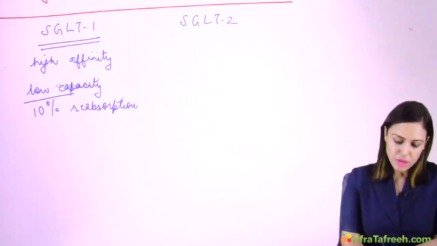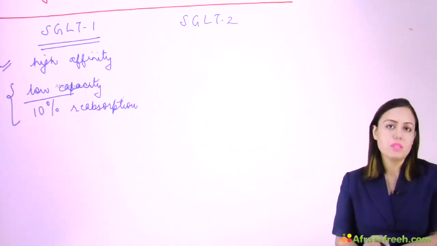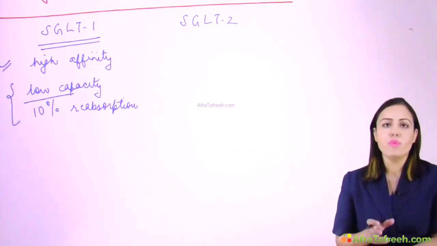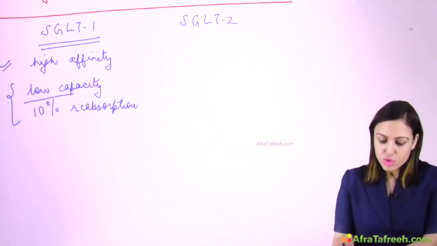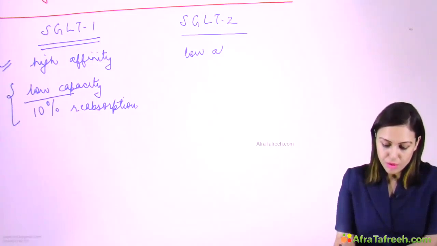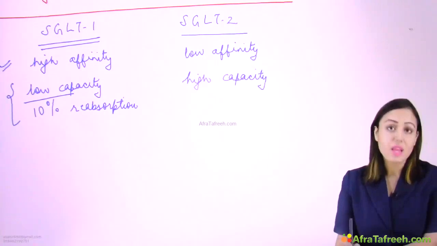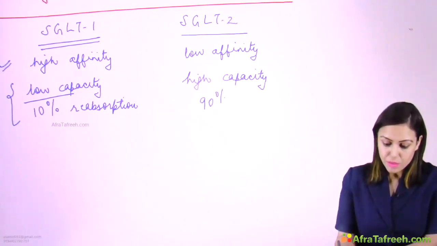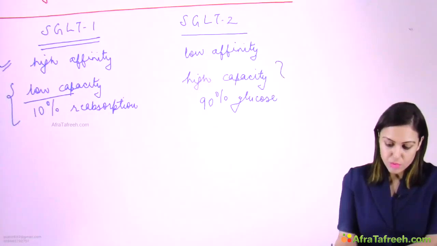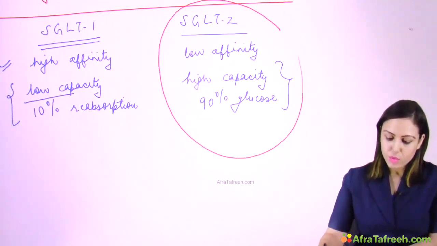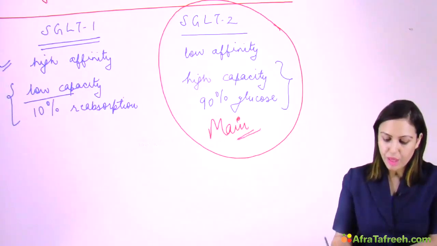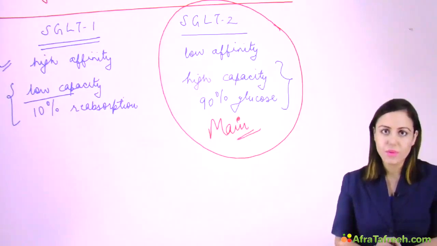And SGLT2 is a low affinity transporter, but it has high capacity, that is 90% of the glucose is reabsorbed using this SGLT2. Okay, so we can say that SGLT2 is the main active transporter in kidneys, right?